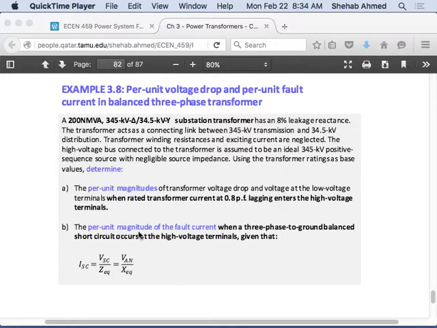And then, the per unit magnitude of the fault current on a three-phase. So now, instead of having a transformer with rated voltage, for example, on the secondary side, they put a short circuit. A three-phase-to-ground balanced short circuit occurs at the high voltage terminal.